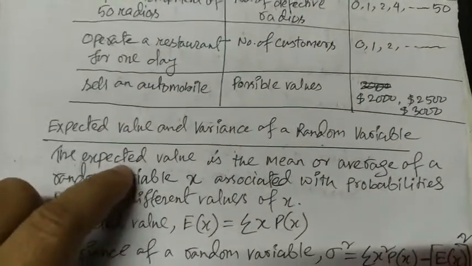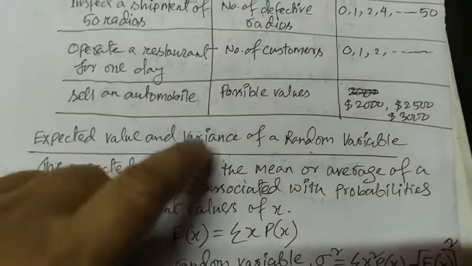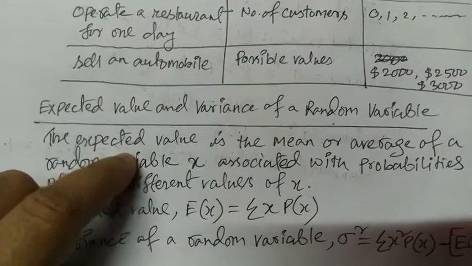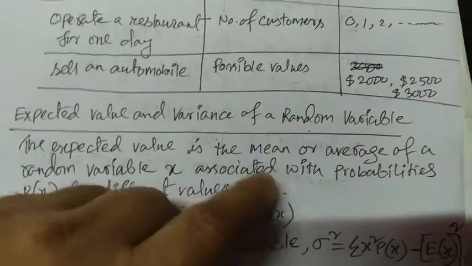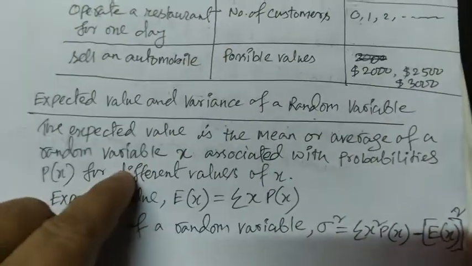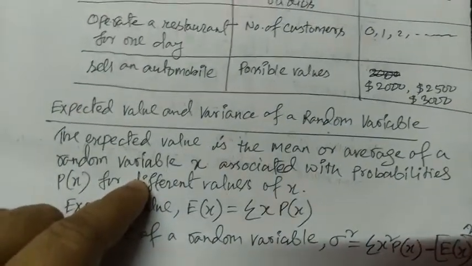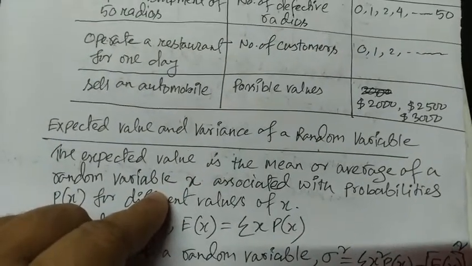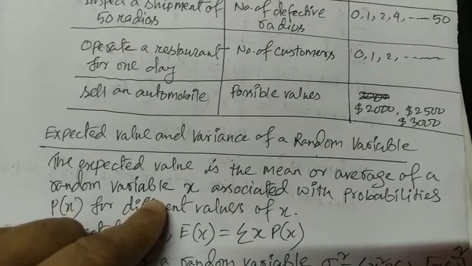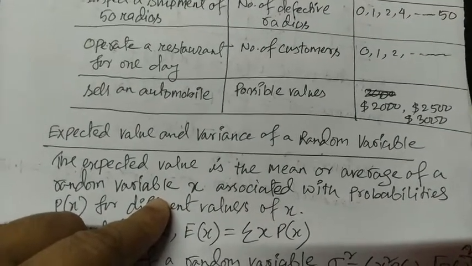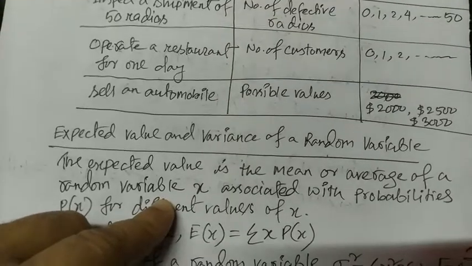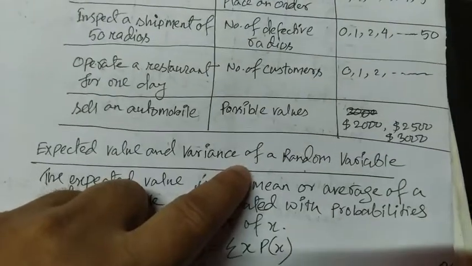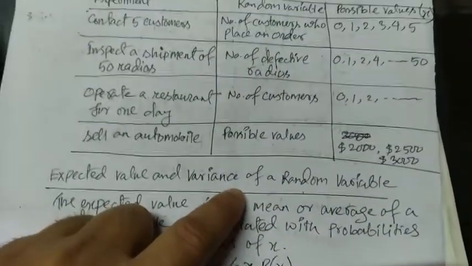Right. So, expected value and variance of a random variable. What is expected value? The expected value is the mean or average of a random variable. We know how to calculate the average of a normal discrete variable, but this one is a discrete random variable.